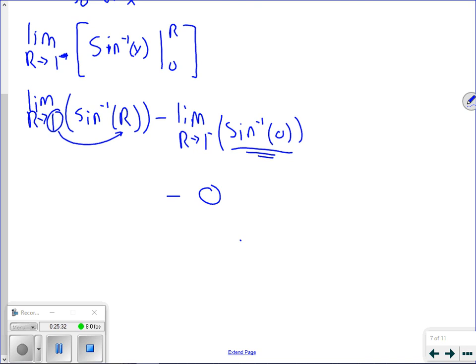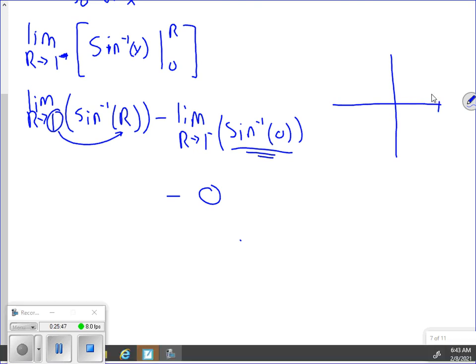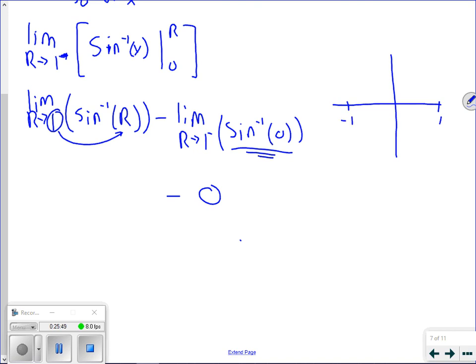If you were to graph sine inverse, I know it's been a minute since you graphed it, but I want to show you something real fast. Sine inverse looks like this. It flips to 1 and -1 on the x-axis, and pi over 2 and negative pi over 2 on the y-axis. It makes this shape right here.